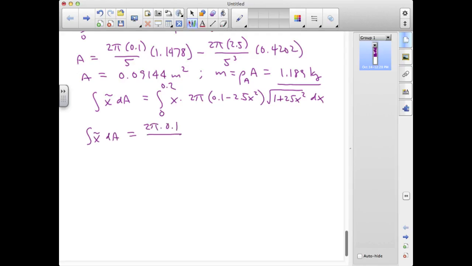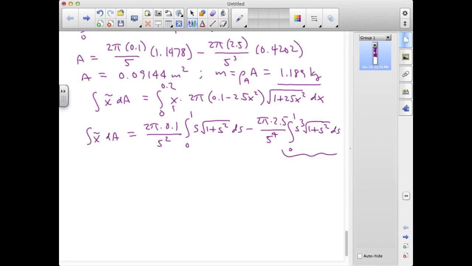I get another factor of 5 in the denominator as I choose to write s equals 5x. So because I have this here now, I'm going to have a 5 squared in this denominator, and I'm going to have the integral from 0 to 1 s square root of 1 plus s squared ds, and then I have a minus 2 pi times 2.5, and now over 5 to the 4th, integral from 0 to 1 s cubed root 1 plus s squared ds.